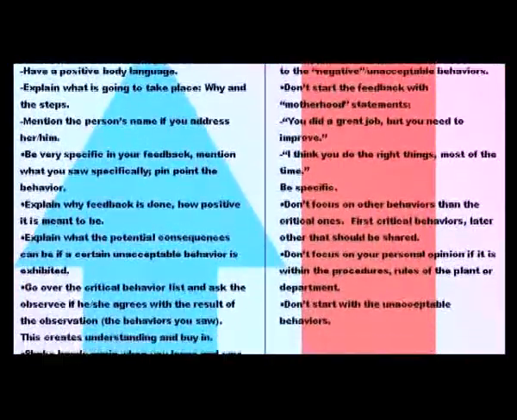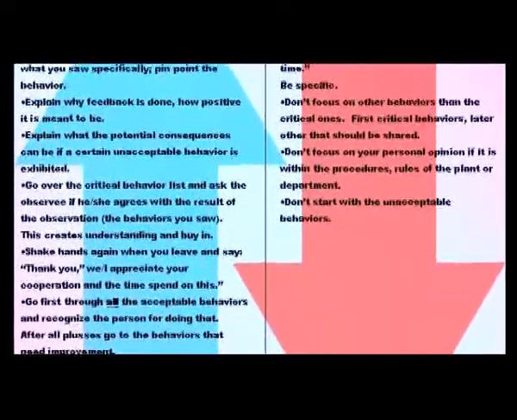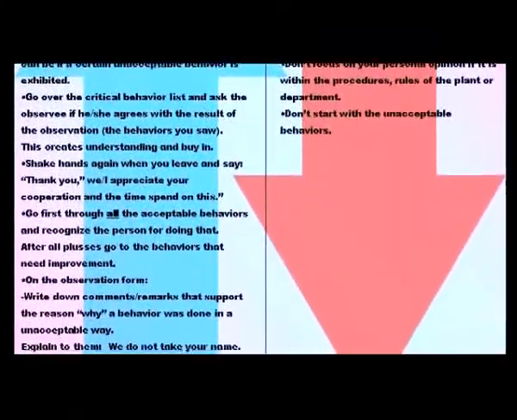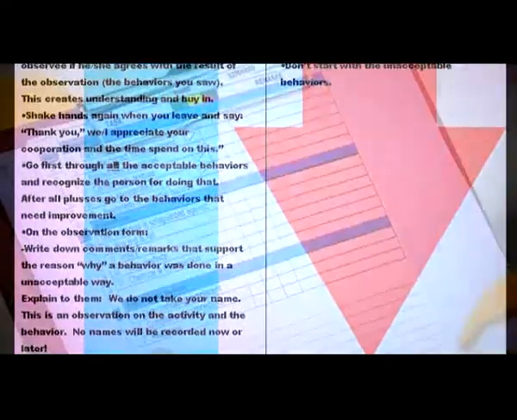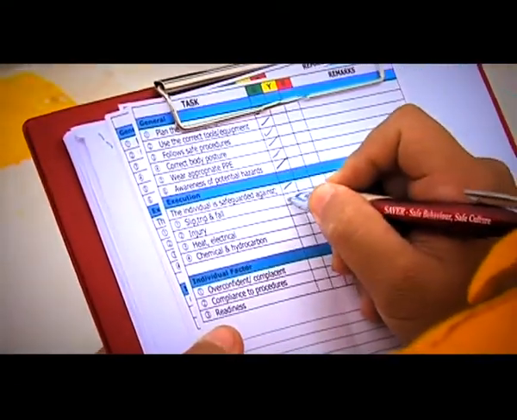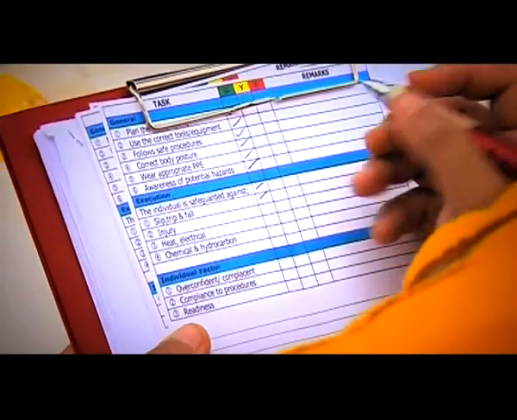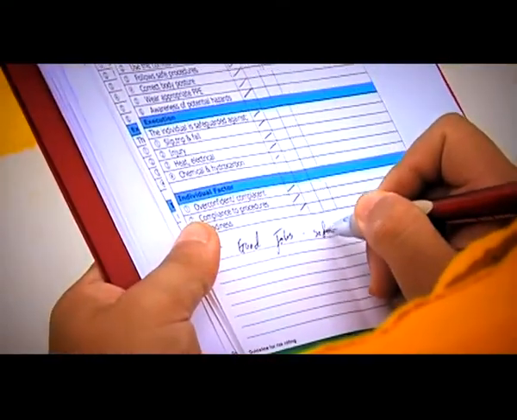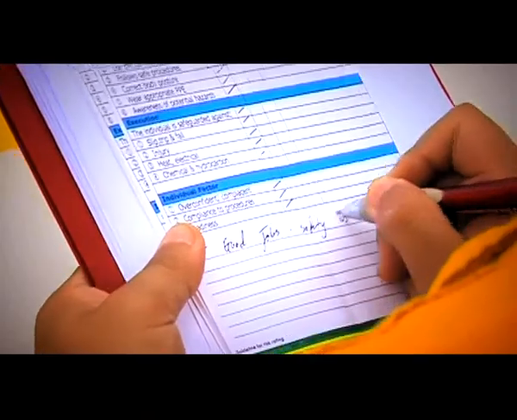You can also find the do's and don'ts for the observer in the training module. The observer may add remarks in the observation form to further elaborate on the task observed.